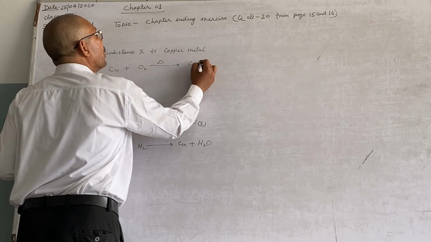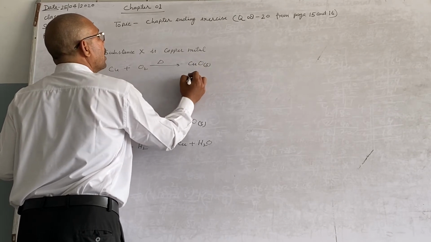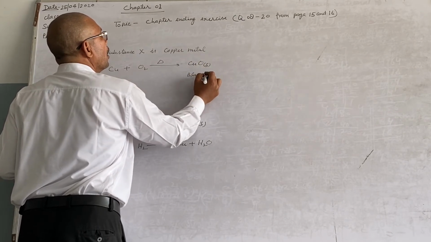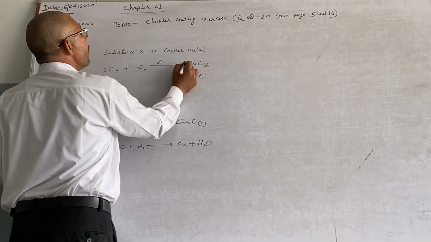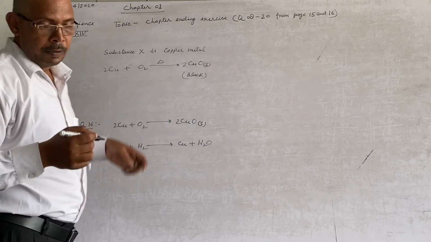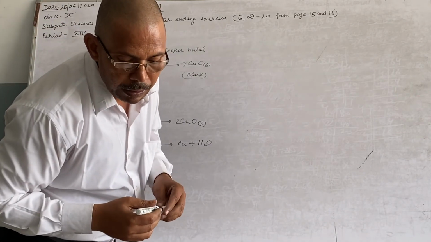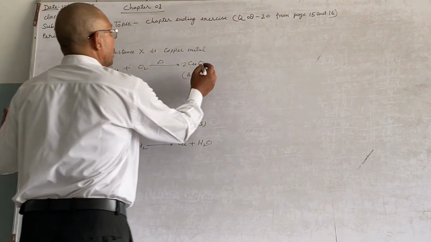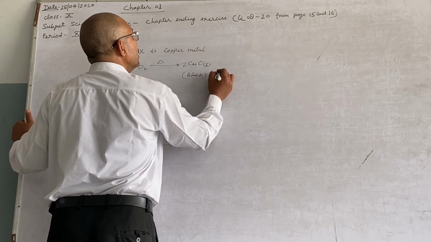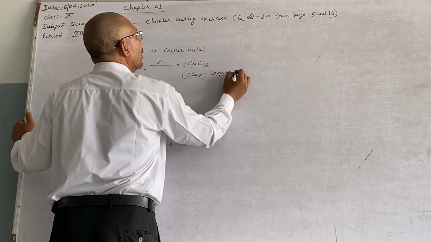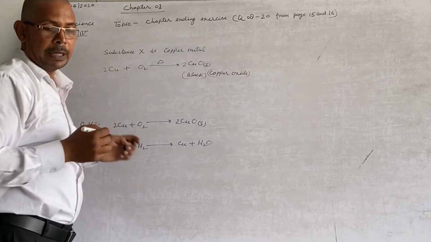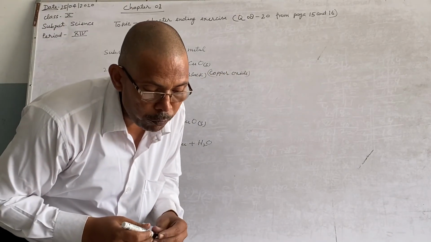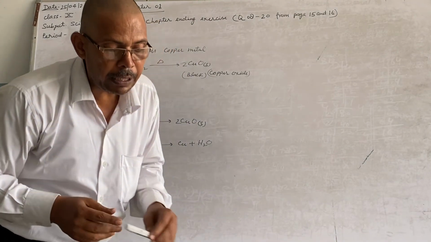It forms copper oxide, a black colored substance. Right? And here this compound is copper oxide, and this one is copper. X is copper. Why do we apply paint on iron articles?